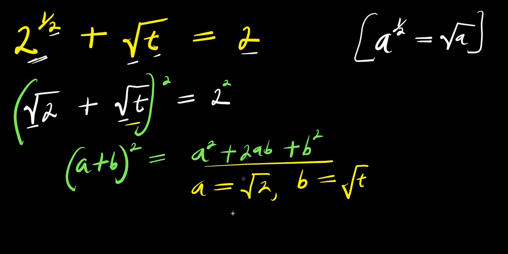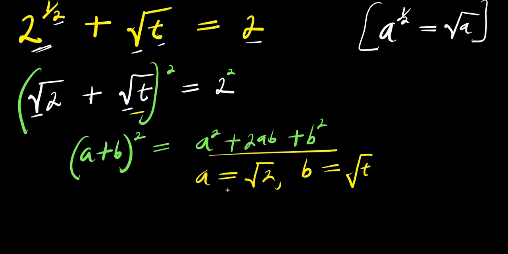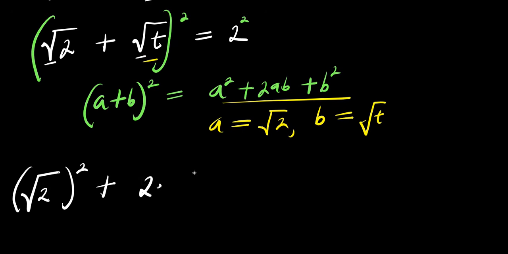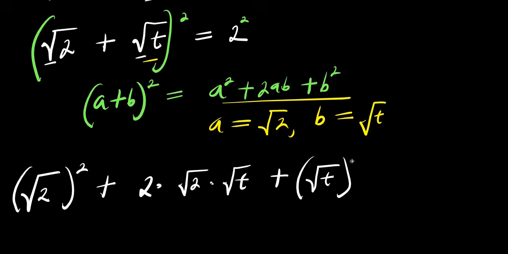So let's apply this. We are simply going to have root 2 to the power of 2 plus 2 times root 2 times square root of t plus square root of t to the power of 2, and this equals 2 power 2.